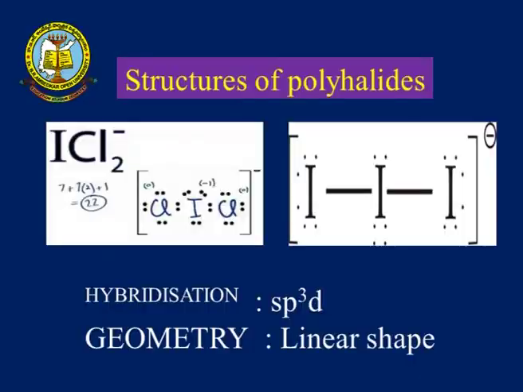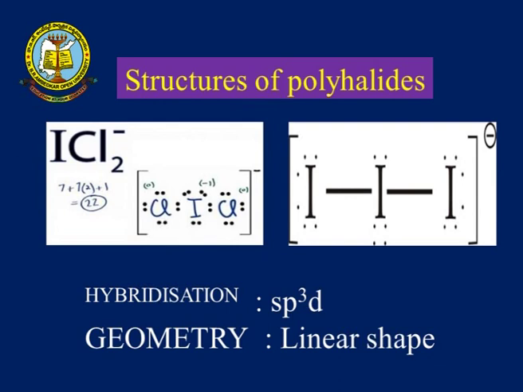Now we discuss the structures of polyhalides. Take ICl2 minus, here the central atom is iodine, okay. The iodine interacts with 2 chlorine atoms, right. The central atom iodine has 7 valence electrons, but 1 electron is gained from outside. So 7 plus 1, 8 electrons are accommodated around the iodine.